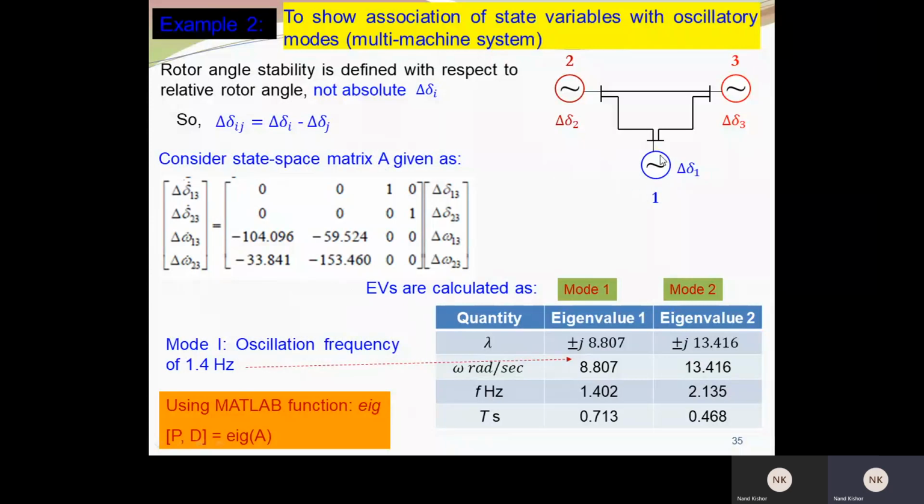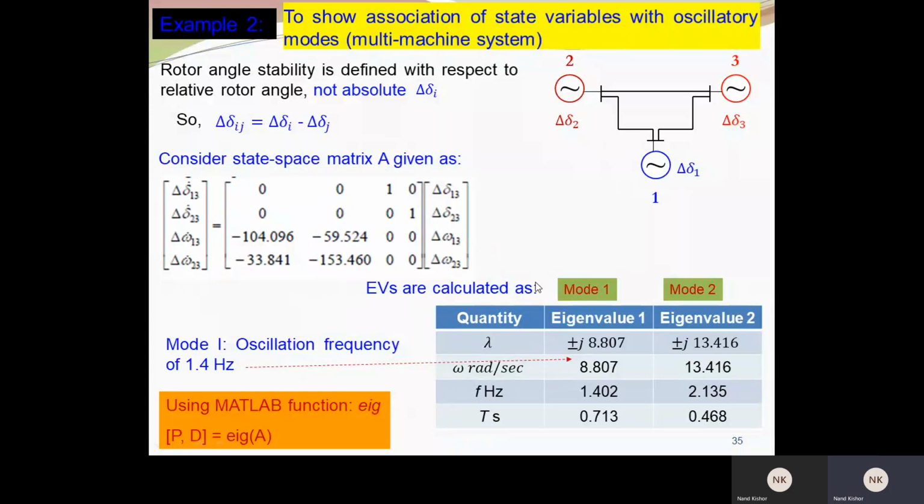We are talking about the synchronism of this generator with respect to these two, and that's why we have delta 13 and delta 23 here. Then from the equations of the synchronous machines, we have the delta variables and the omega state variables represented, and thus we have the A matrix here.